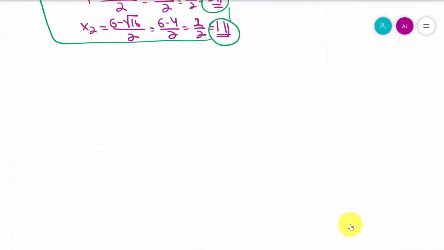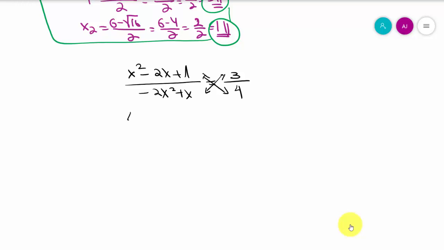Let me consider one more example. x squared minus 2x plus 1 divided by minus 2x squared plus x is equal to 3 over 4. Following the same procedure, 4 times x squared minus 2x plus 1 is equal to 3 times minus 2x squared plus x.